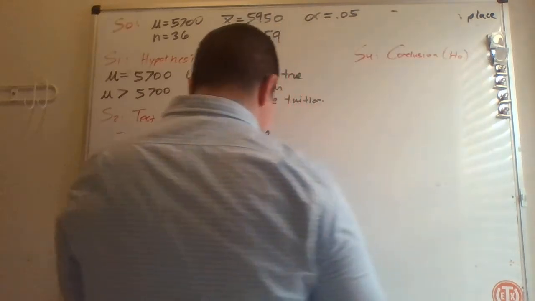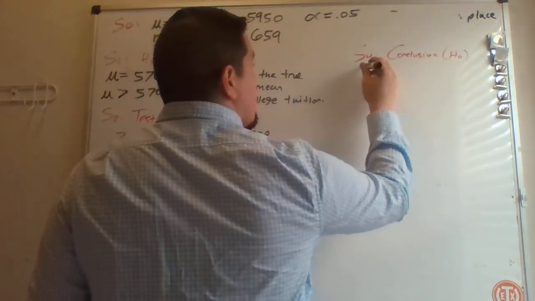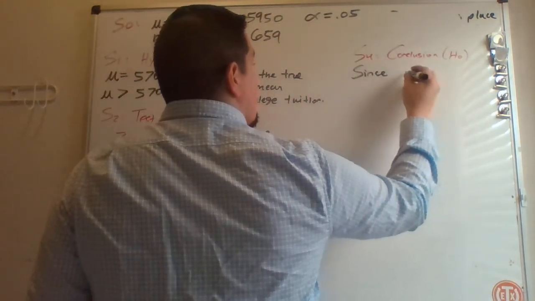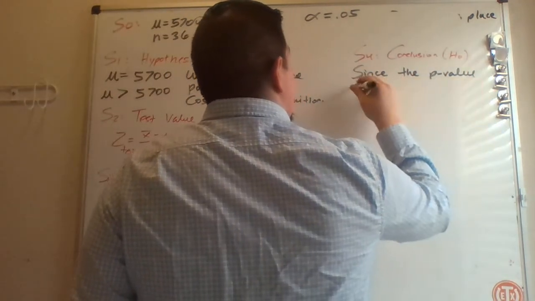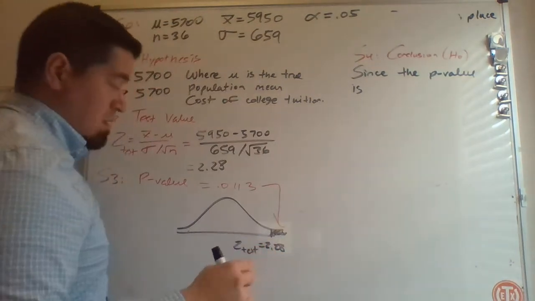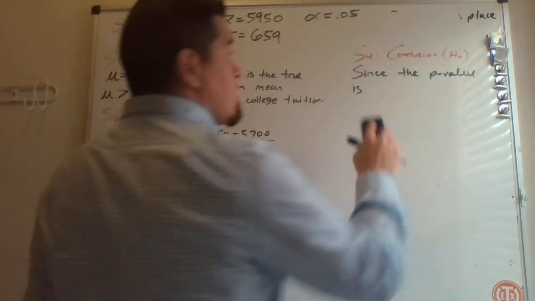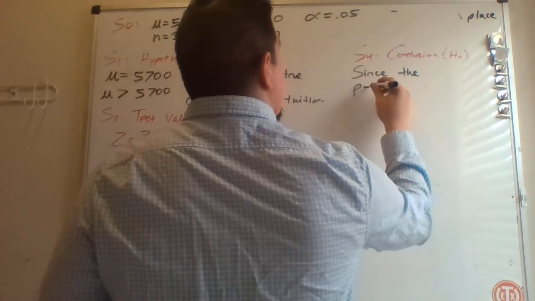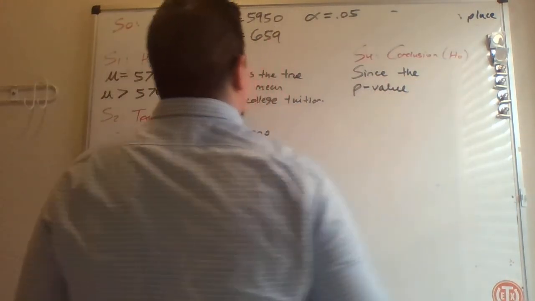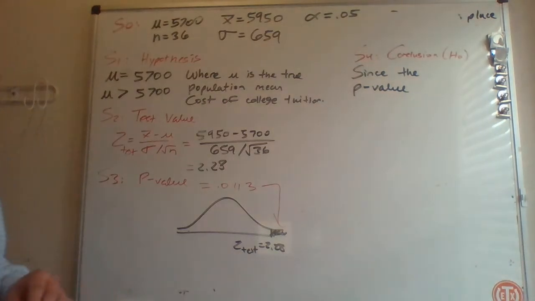All based on H naught. So we would say something like, since the p-value is, well, okay, how about I write it this way? Since the p-value is what, compared to alpha.